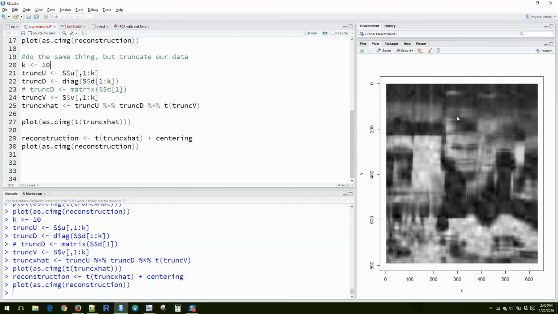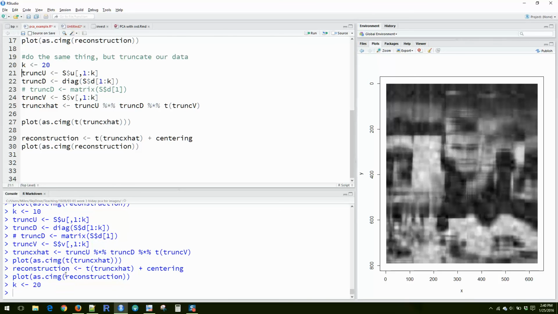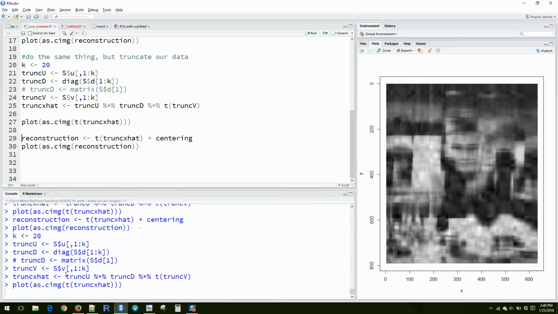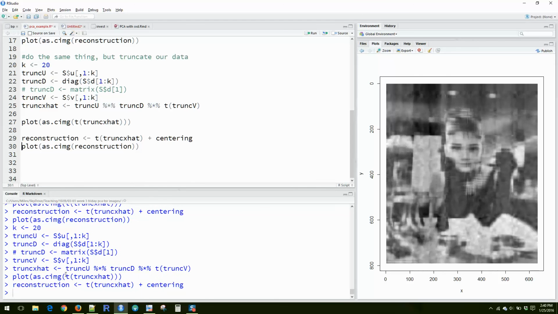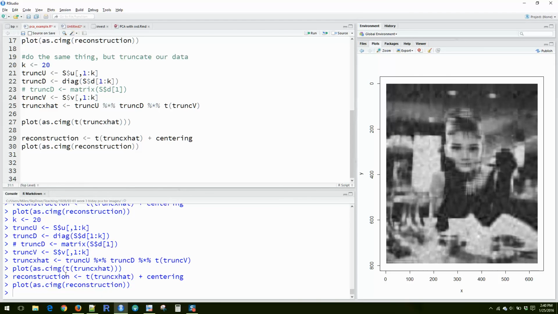It has tried to maximize the amount of information in the original data that can be captured with just 10 columns, okay? And then at a certain point, now we're doubling the information with 20 columns, and we get a bit more definition here, okay?